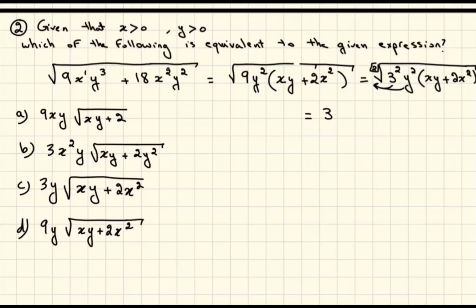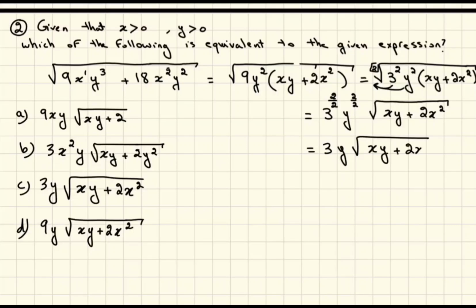When you take it outside, you have to do the exponent inside divided by the index, so that's why it becomes only 3. No need to write that. And same thing for the y, it becomes 2 over 2. And inside the square root, we still have xy plus 2x squared. Now 3 exponent 2 over 2, it's just 3, and y exponent 2 over 2 is just 1, with this inside the radical. Now I check which one is the correct answer, and I notice it is part C.